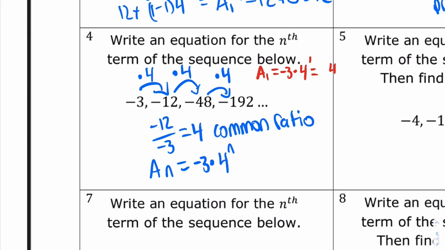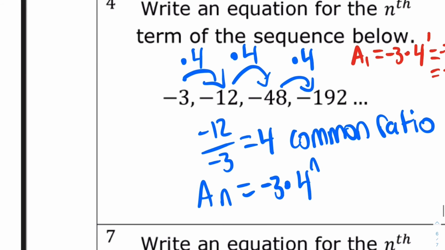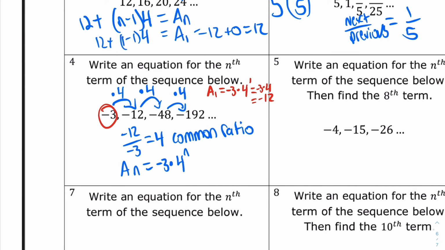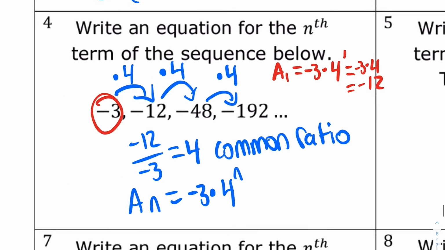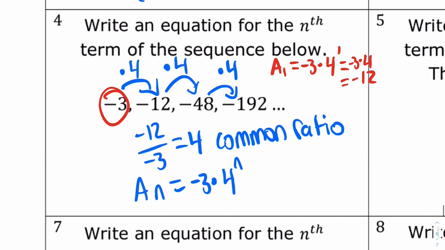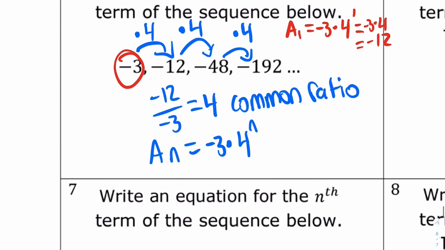So that's negative 3 times 4, which makes negative 12. But negative 12 is actually the second term, not the first one. We want it to show negative 3 for our first answer. So we need the sequence to scoot back one step, because right now it's giving me negative 12 when it should be giving me negative 3. So how we can make that slight modification to go back one step is we use an n minus 1.